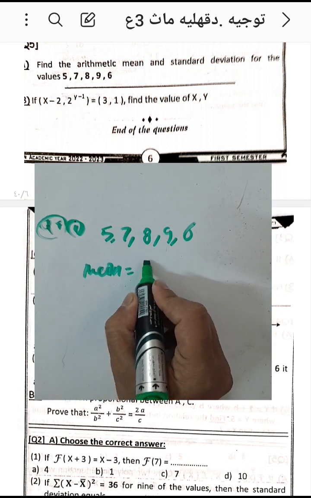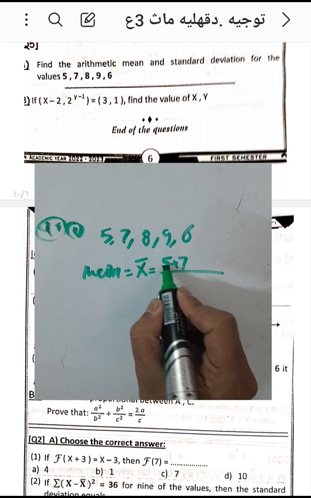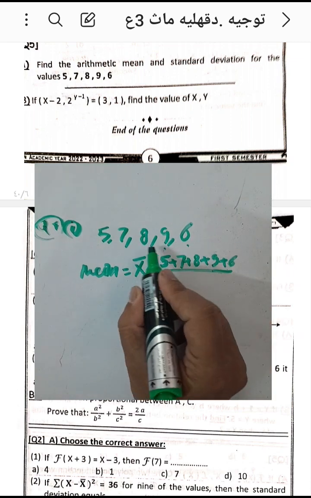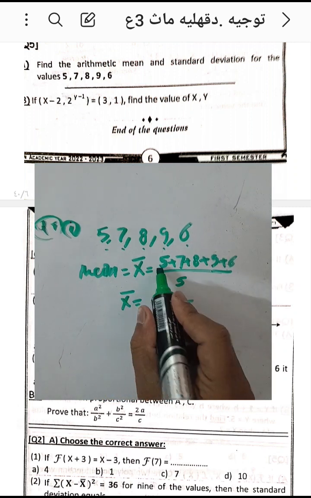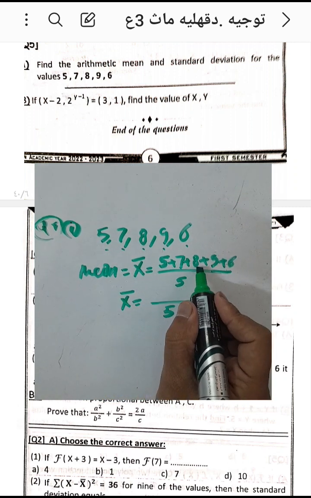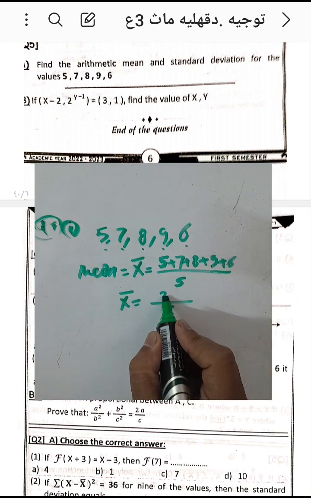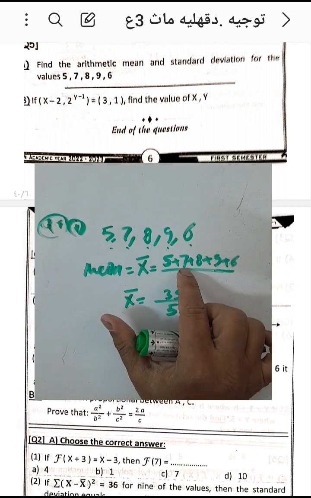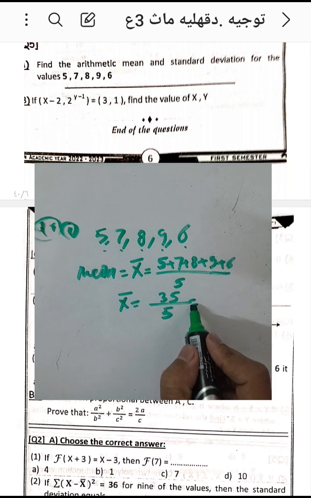It will be x bar equals the sum of all values, 5 plus 7 plus 8 plus 9 plus 6, that's 5 numbers. 5 plus 7 is 12, 12 plus 8 equals 20, 20 plus 9 is 29, 29 plus 6 equals 35, divided by 5, it will be 7.